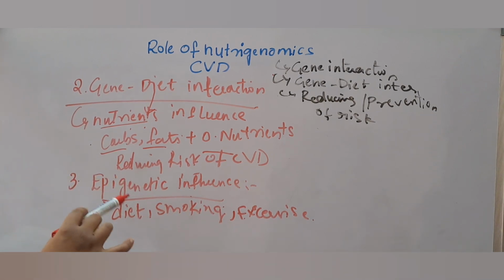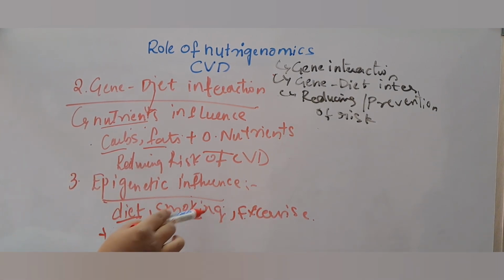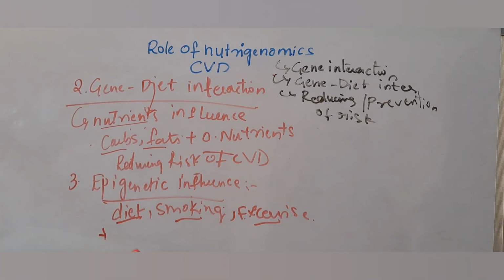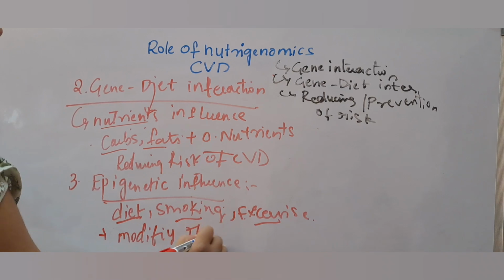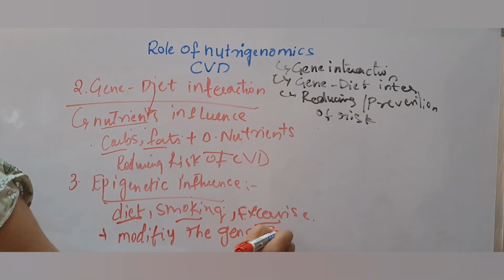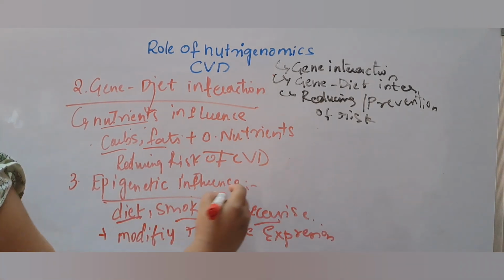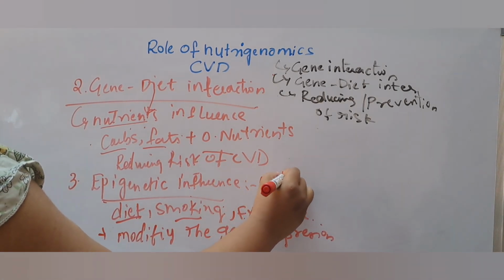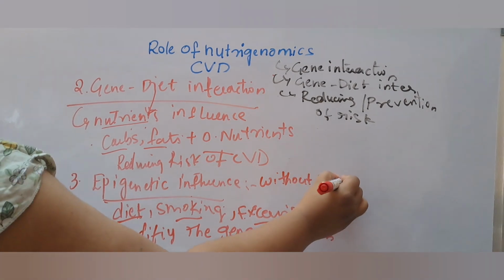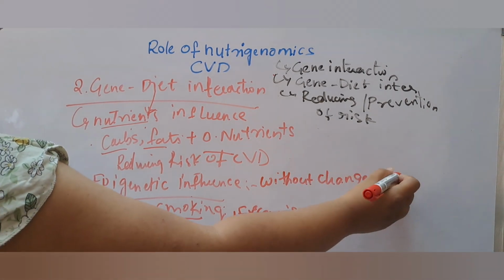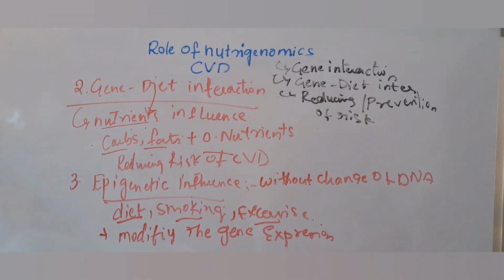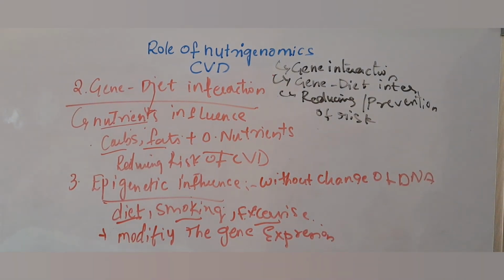That means with the help of lifestyle factors like diet, smoking and exercise, we can modify gene expression without change of DNA, which influences heart health. So that is about epigenetic influence, as you already studied in nutrigenomics.